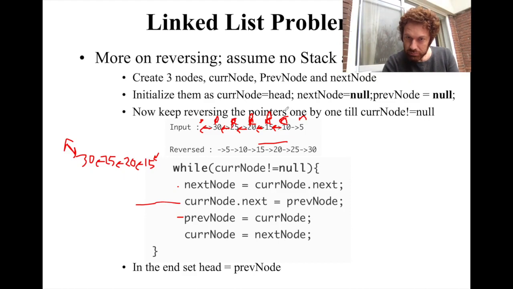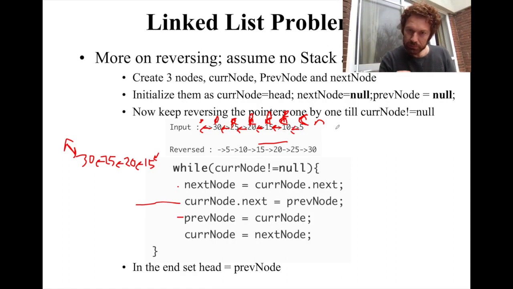Advance one more time, so this would be the prev, this would be the current node, and now the next node will be null. Okay, but I still have some work to do here. Current.next is going to be 10, so 5.next is going to be previous, which is 10. Okay, so it is also done, but now be careful.